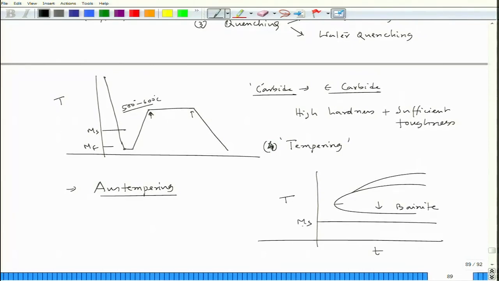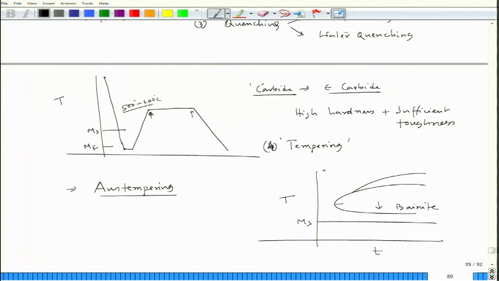This is martensite start. In that case we take it to the austenite zone, form austenite, and then we quench it in such a fashion that the temperature up to which we take it after cooling should be above the MS temperature, and then we hold it.